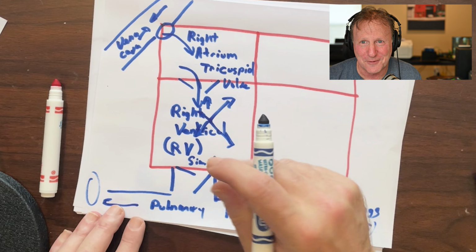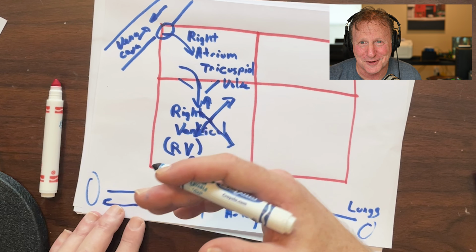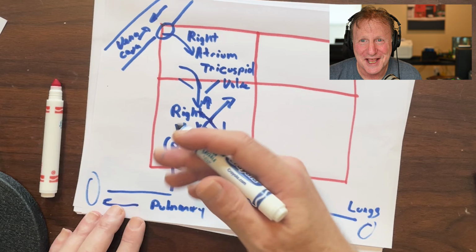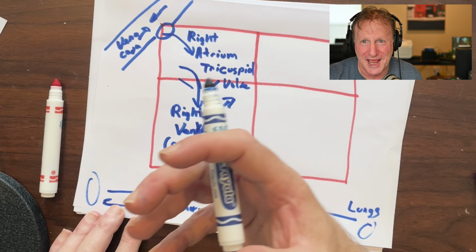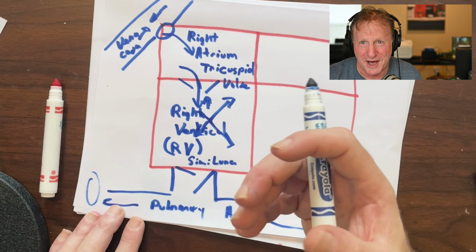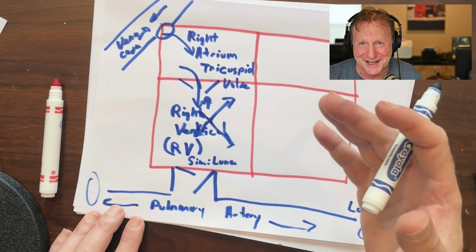And the lungs are where the blood, namely the red blood cells, which are also known as erythrocytes, the hemoglobin bonds with oxygen. And now that hemoglobin with the bonded oxygen can deliver that oxygen to all the cells in our body.